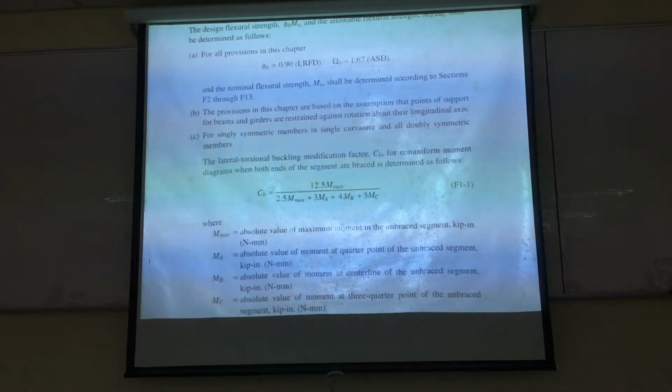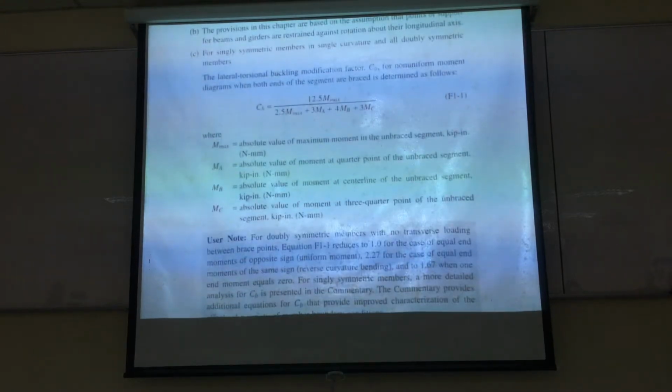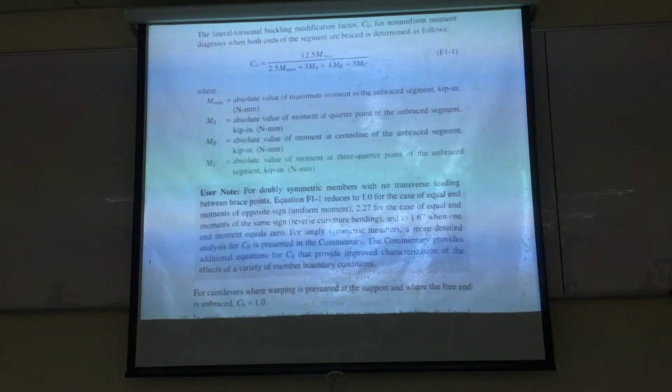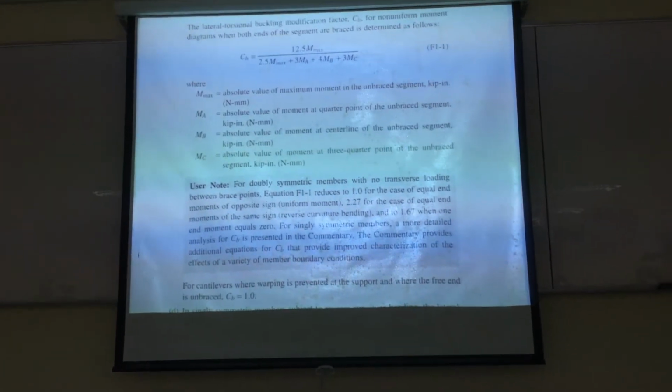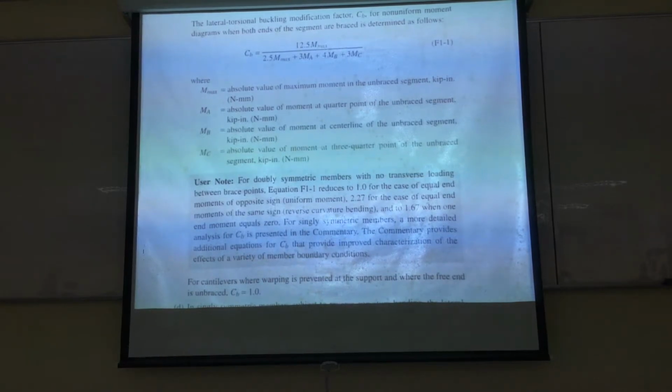Now, how to be conservative? If you want to be conservative, the Cb will be given as 1.0. Why is it conservative for Cb equals 1.0?